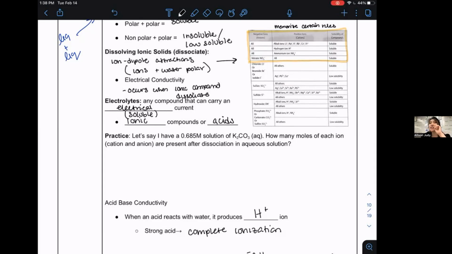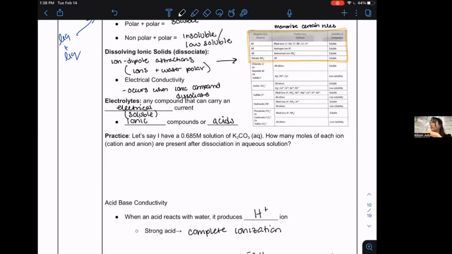So I mentioned acids a while ago. Acids are a unique type of ionic compound that have an H proton that can leave it. So HF is hydrofluoric acid or hydrogen fluoride, but it particularly is known for its acidic properties because of that H plus serving as one of the ions, specifically the cation.